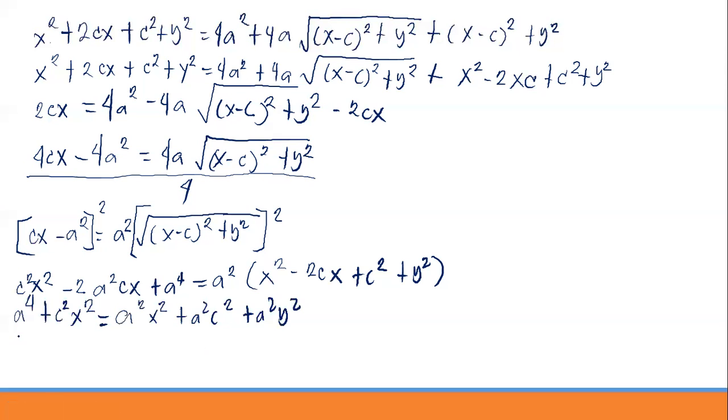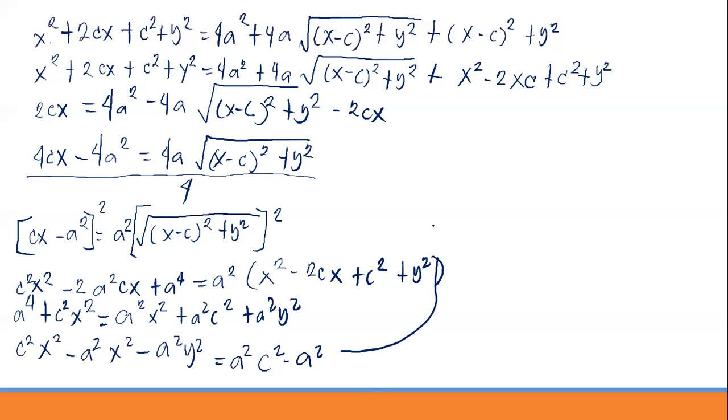Ayan. So we are going to rearrange c squared x squared minus a squared x squared minus a squared y squared equals a squared c squared minus a to the fourth. Okay? Then factor the common terms. So if we're going to factor, magiging x squared times c squared minus a squared, tama?